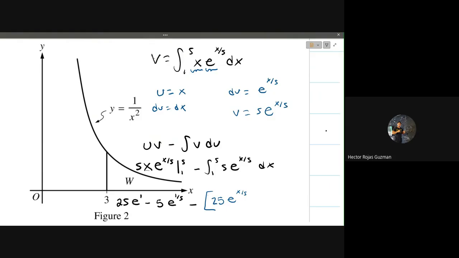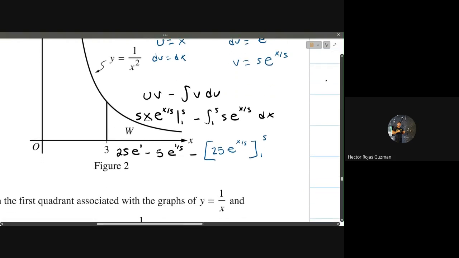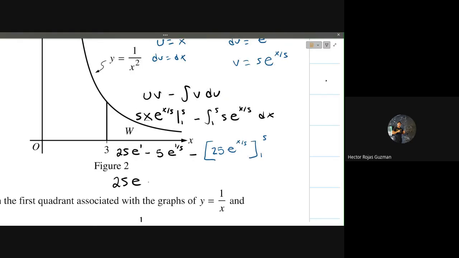So I'll just put a 25. Evaluate it from 1 to 5. Well, that's going to be 25e minus 5 e to the 1/5, minus, plug in the 5, 25e minus 25 e to the 1/5.